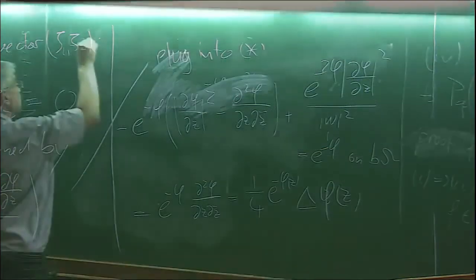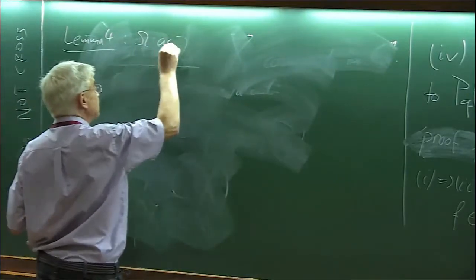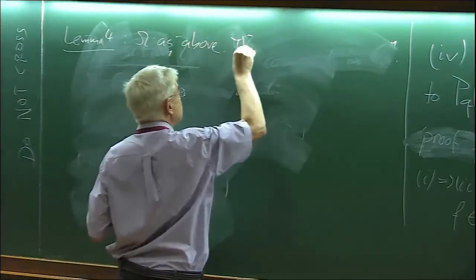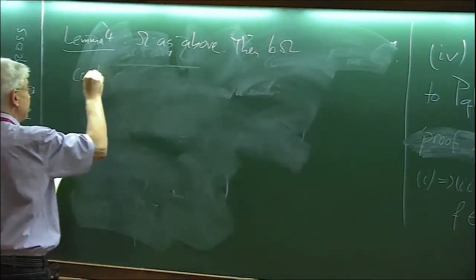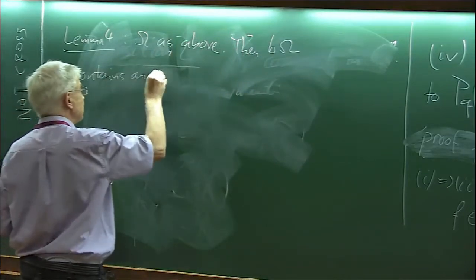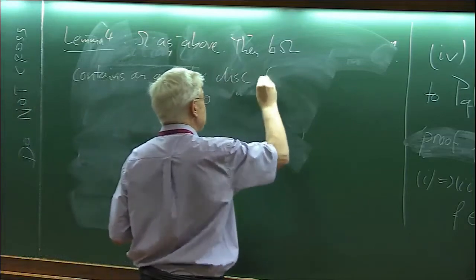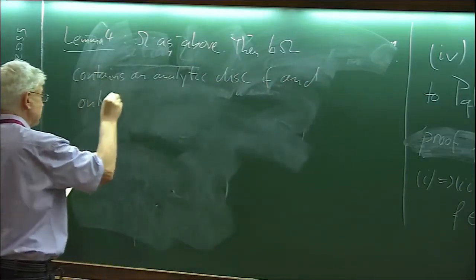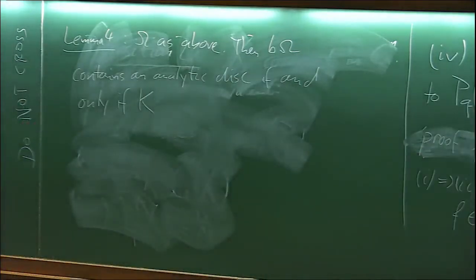Lemma 4: if omega is as above, then b omega contains an analytic disk if and only if capital K, well, I need to say what capital K is, so let me do that back over here.